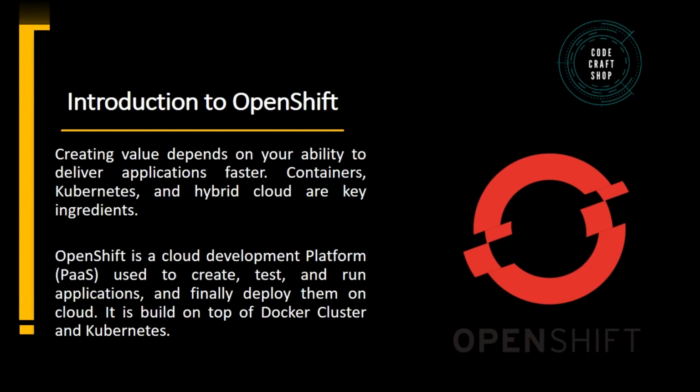So we can say that OpenShift is built using these two major technologies. One is Docker and the other is Kubernetes. This product belongs to Red Hat, and Red Hat provides a variety of OpenShift related containers.